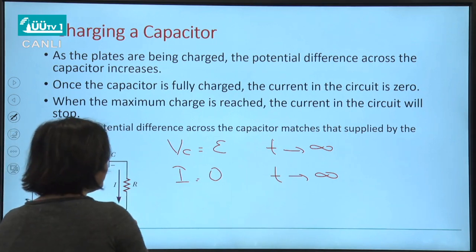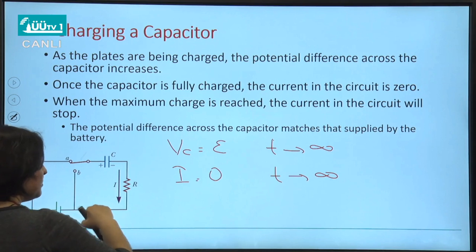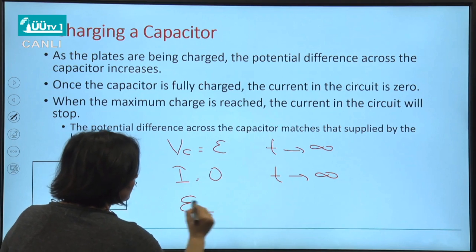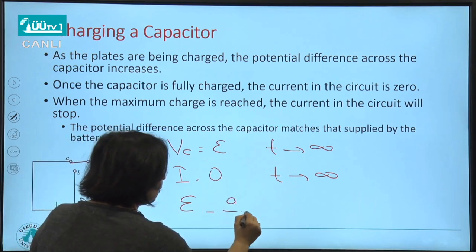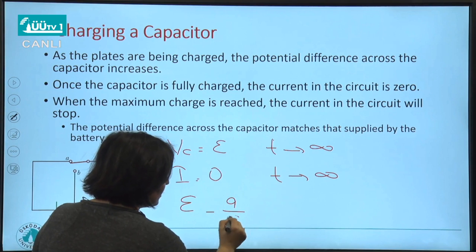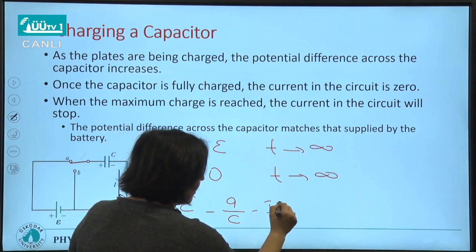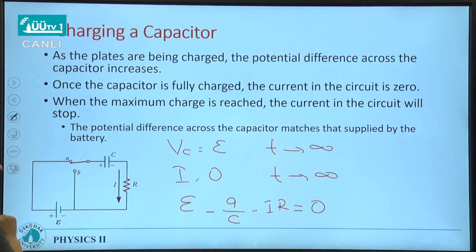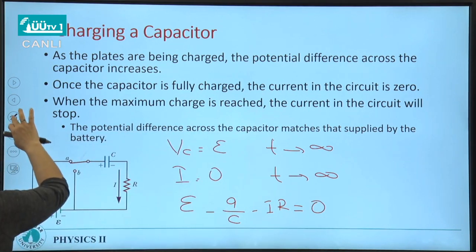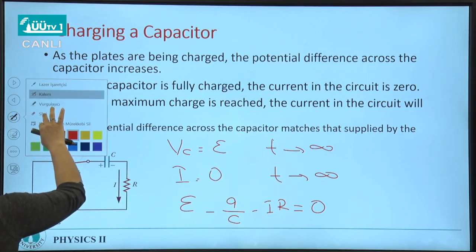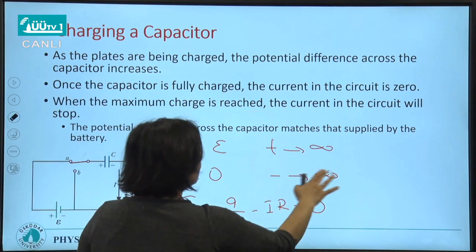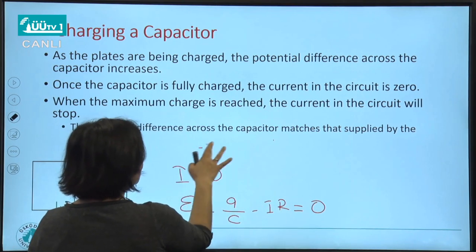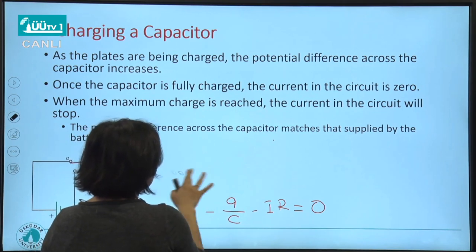Now we will write again the previous formula which we obtained here. Epsilon minus Q over C minus IR equals 0. Okay, can we use this formula to obtain a formula for the current to understand what's happening between these two time intervals?